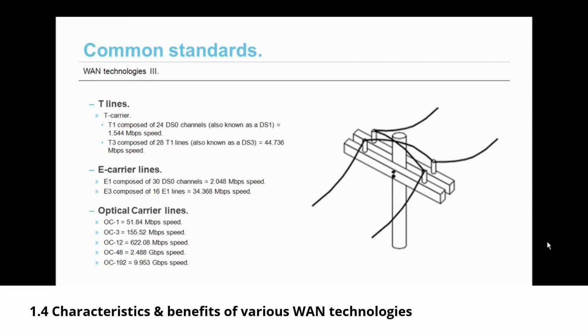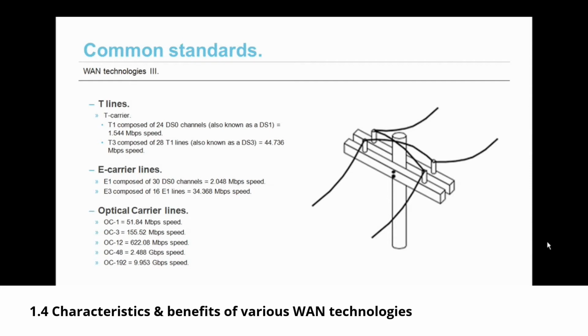Just as with the United States, if that's not fast enough for you, you can lease an E3 line, which is composed of 16 E1 lines, which gives you up to 34.368 megabits per second speed. While a T1 is slower than an E1, a T3 is faster than an E3.